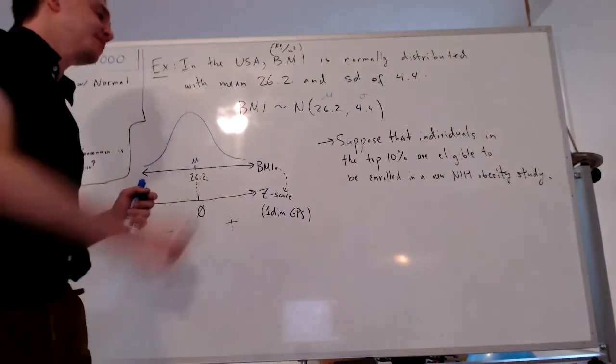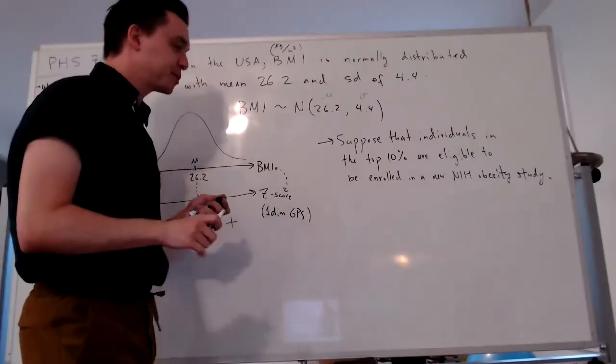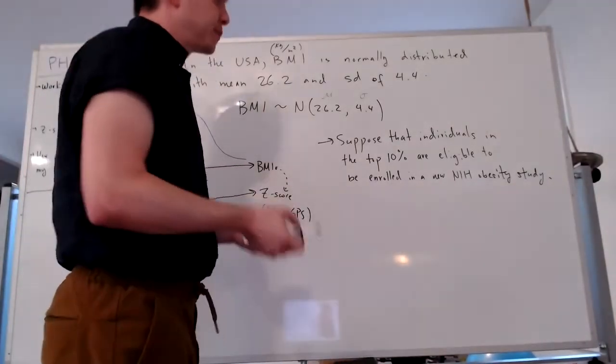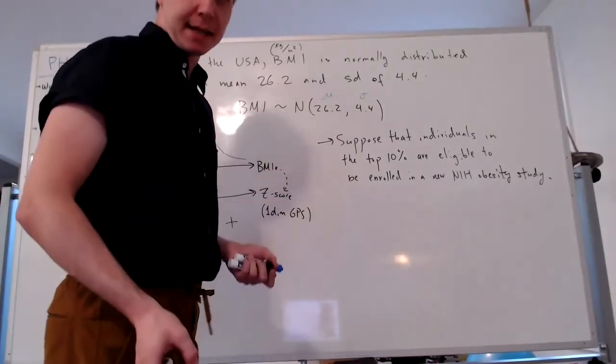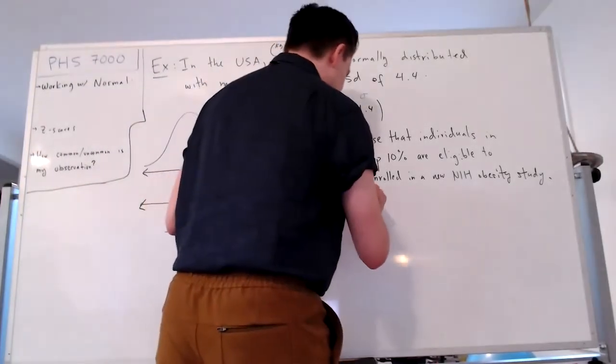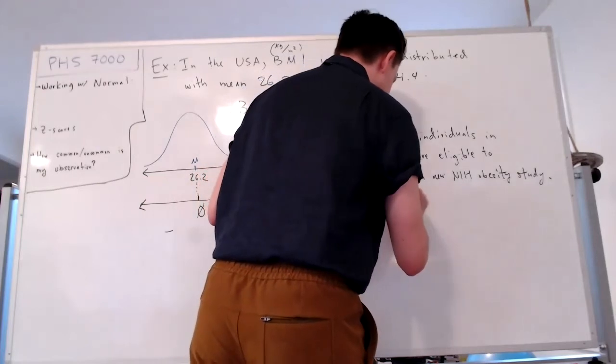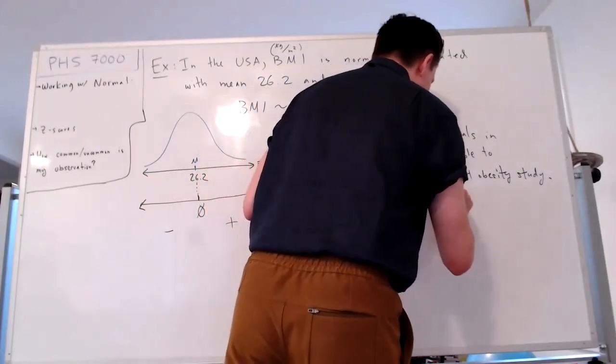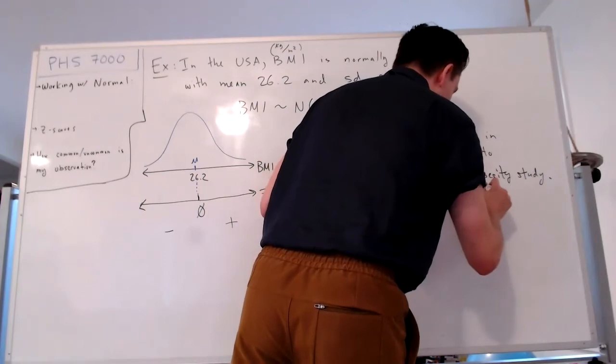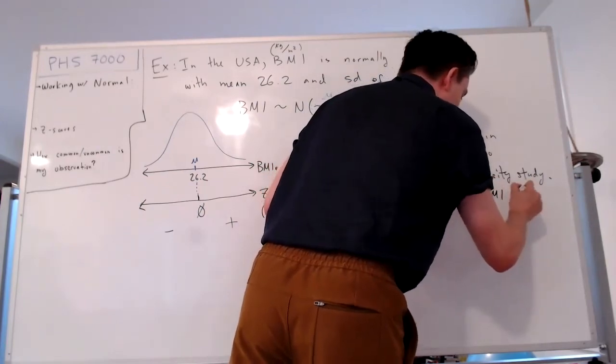Suppose that individuals in the top 10% of our BMI distribution are eligible to be enrolled in a new NIH obesity study. What is the smallest BMI eligible?